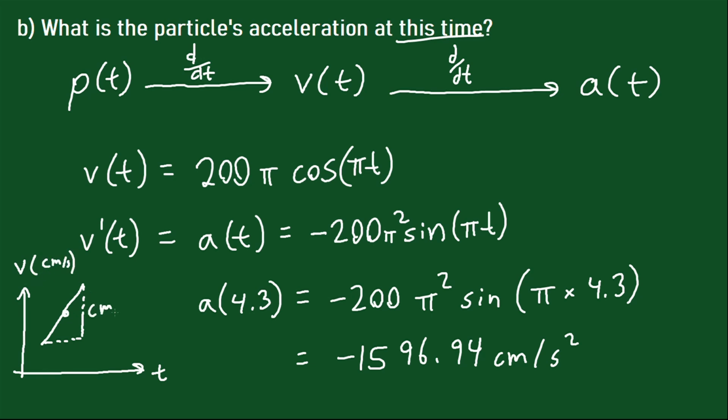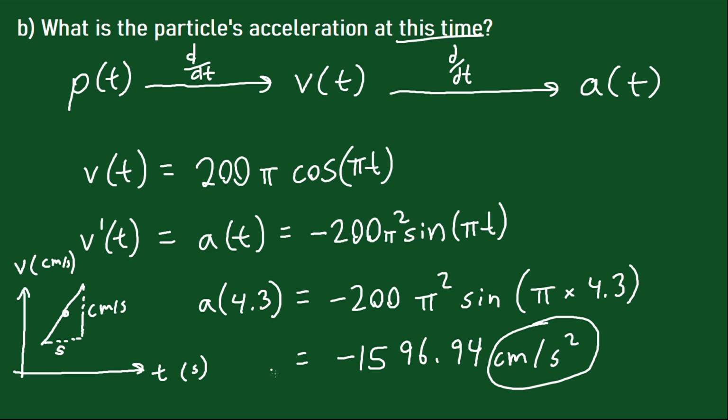So centimeters per second are the units of your rise. The run is in seconds, right? Because on the x-axis, or the t-axis, you're working in seconds. So when you find this slope, rise over run, centimeters per second divided by seconds gives you centimeters per second squared. That's why taking the derivative of v at t will always give you a at t.